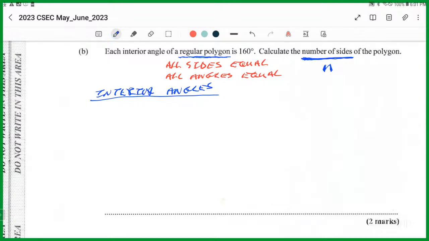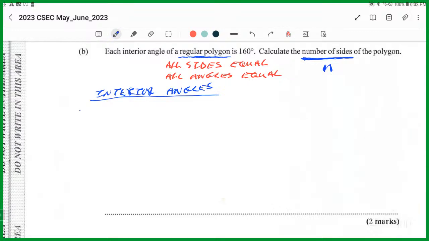Total interior angle is n minus 2 triangles. Remember, there are n of them, and each of them is the same. So total interior angle is also equal to 160 times n, because it's n of them, each of them is 160. You want to write an expression for the total interior angle 2 ways and equate them.